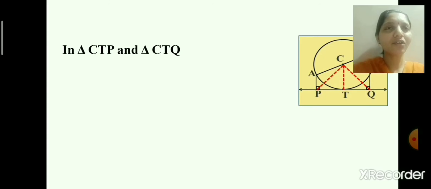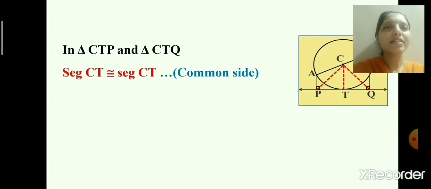Now you have to consider these two triangles formed here, triangle CTP and triangle CTQ. In these two triangles, what can you write? Seg CT is congruent to seg CT because this segment is common for both the triangles. So, common side.